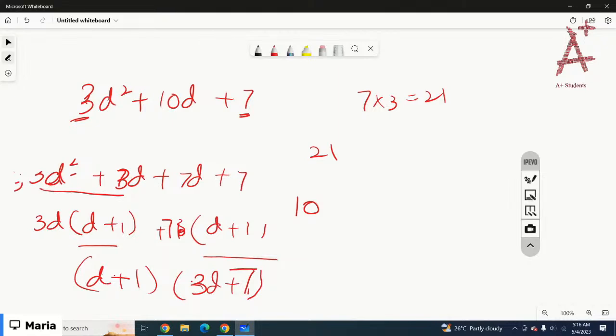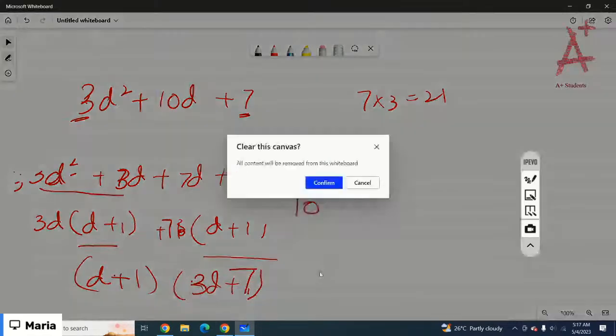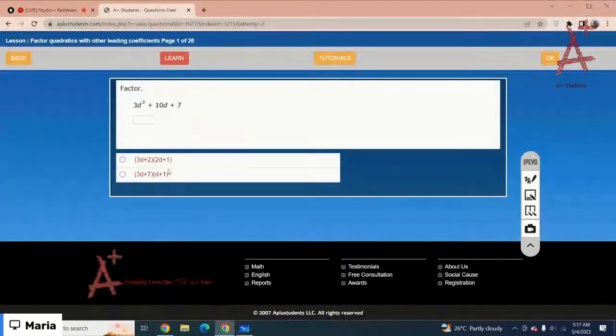Got it? It would be d plus 1 and 3d plus 7.